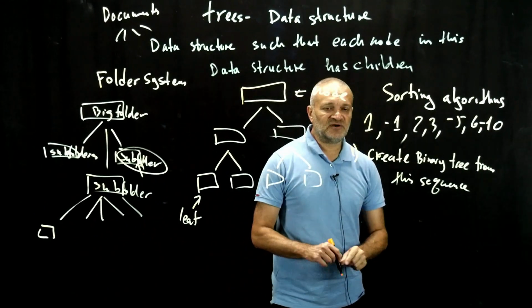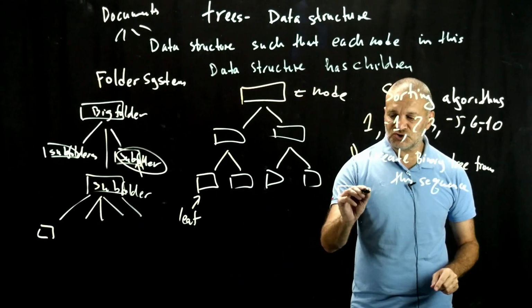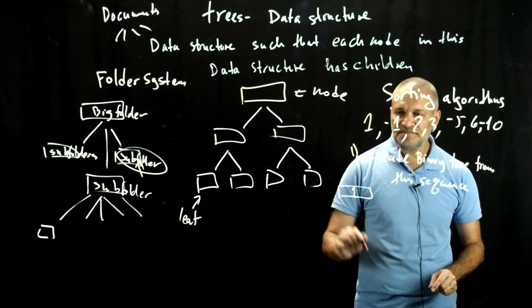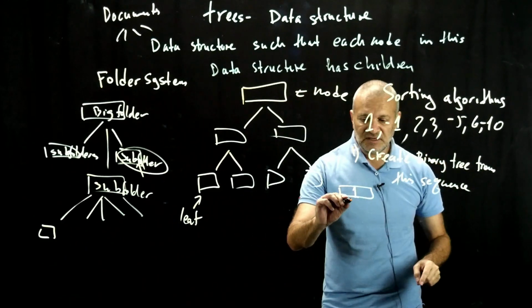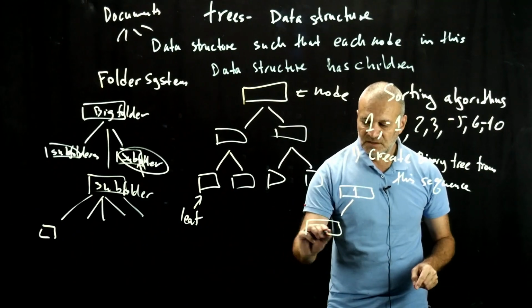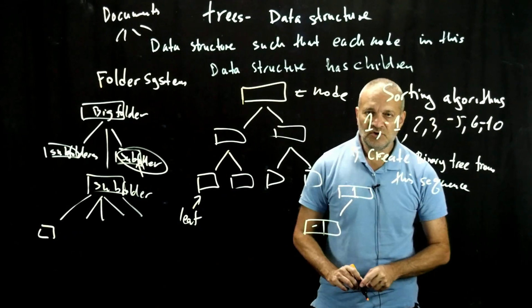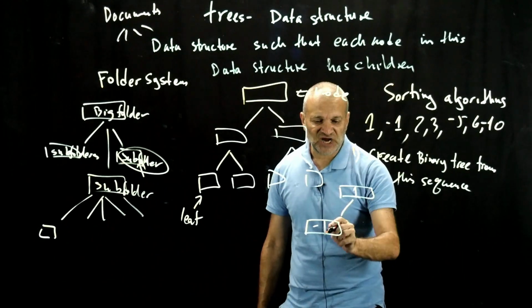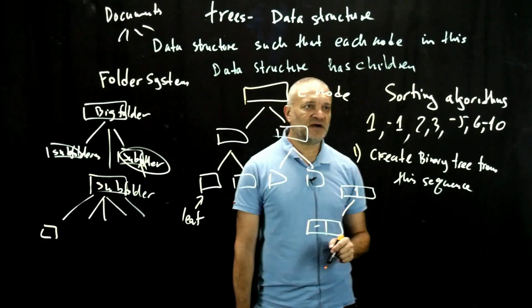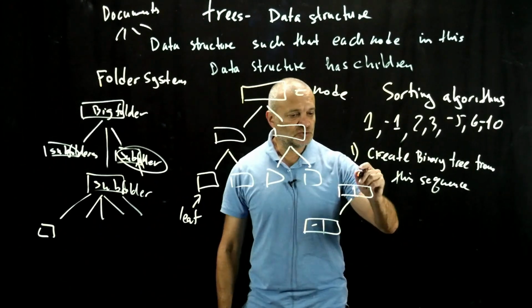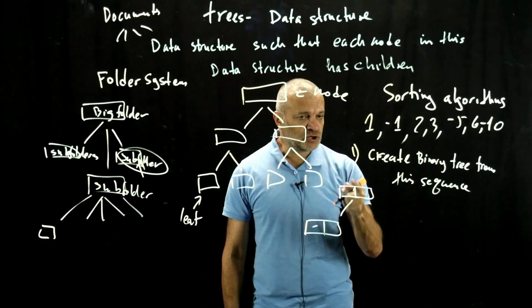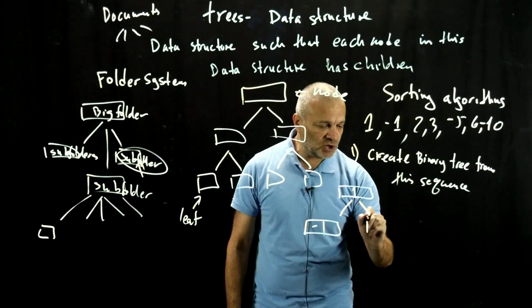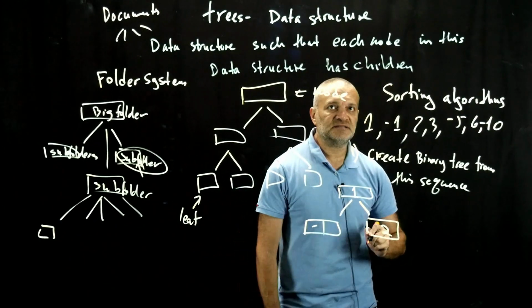Let's say you draw a node and you put 1 here. Now you have -1, and -1 is less than 1, so it will go to the left of 1. So you create a child which is -1. Now what about 2? You compare it with 1, and because 2 is greater than 1, it will go to the right-hand side.